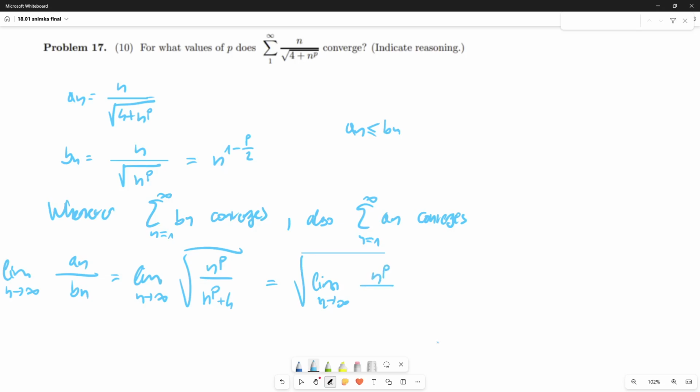We have n to the power of p over n to the power of p plus 4. And finally, we can divide both the numerator and the denominator by n to the power of p, and here we get 1, and here we get 1 plus 4 over n to the power of p. Everything is under the square root.